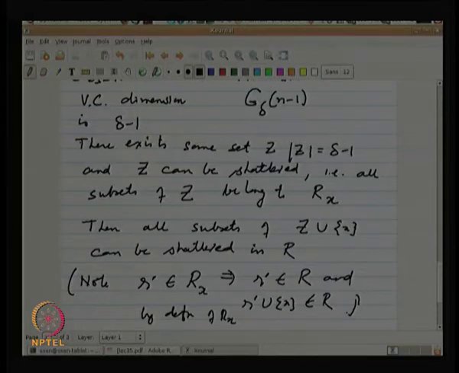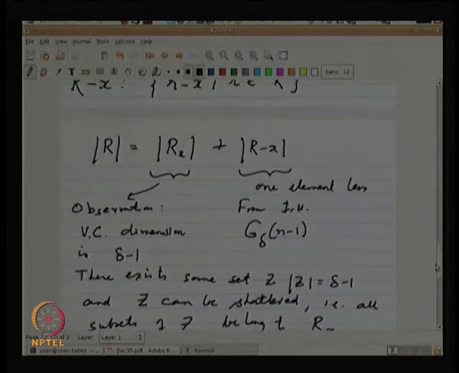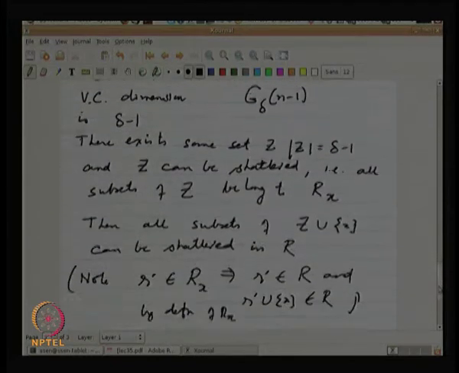So, I can also shatter Z union x, because I can generate all those subsets which contain x and do not contain x. That is the definition of the power set of Z union x. I do have all the subsets of Z present in R, and now I have all the subsets of Z union x also present in R, because that is the way R x was defined.